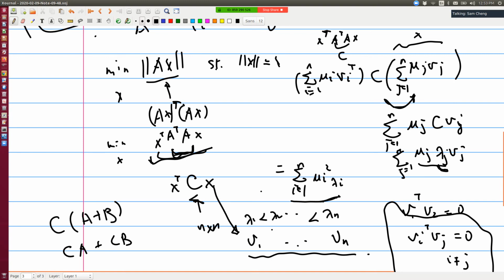So what's the option here? What should I pick mu's, given that my lambdas are given ascendingly?